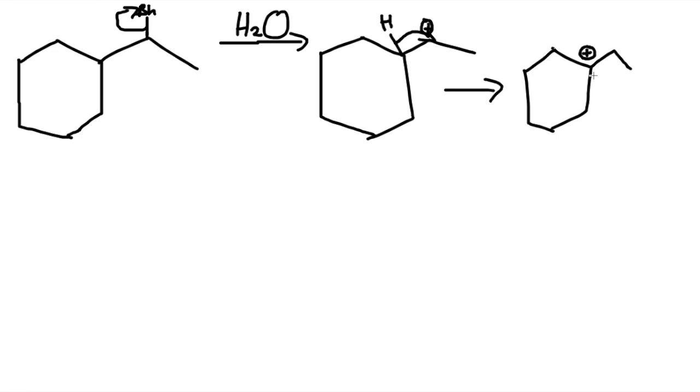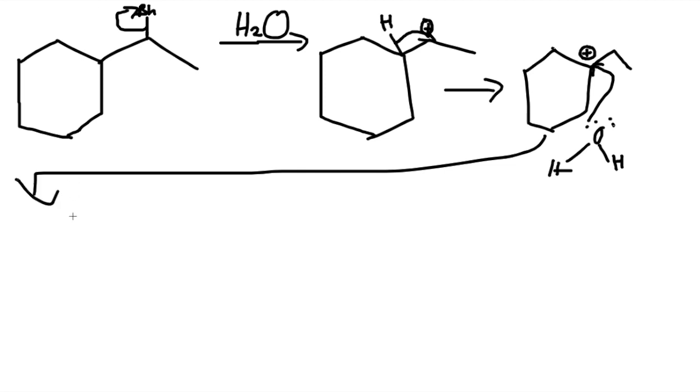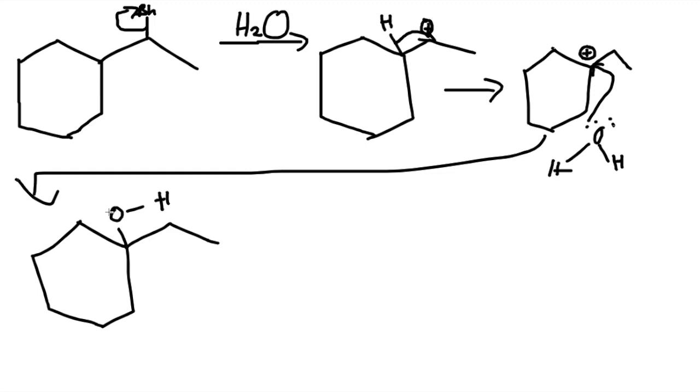Now from here, we bring our reagent, which is water. Water comes in, attacks from any side, let's say the back. Now we would have a structure that would look like this, H. Now this oxygen has a positive charge.